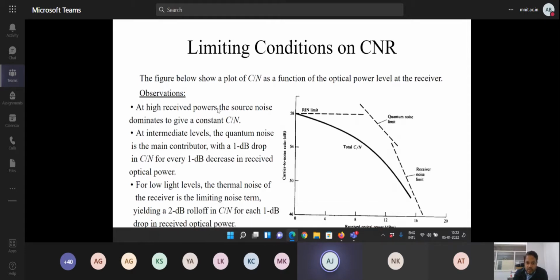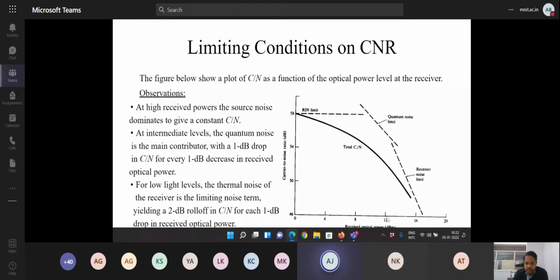The carrier to noise ratio is given by this curve, and you can see when the received optical power is from 0 up to around 8 dBm, then RIN is playing a major role.